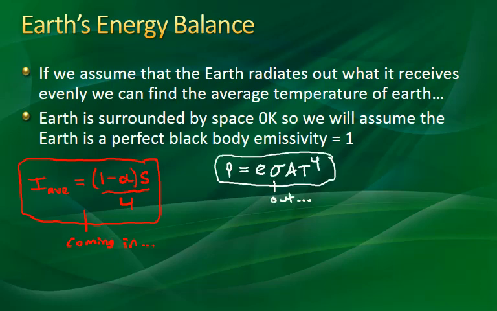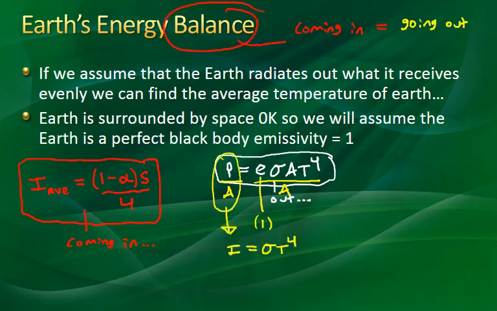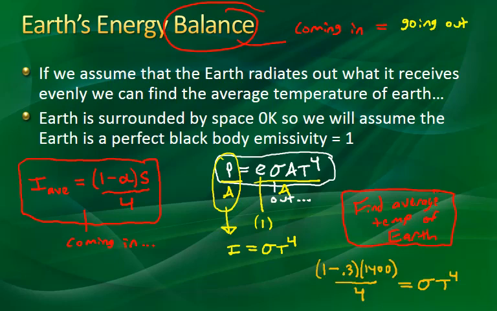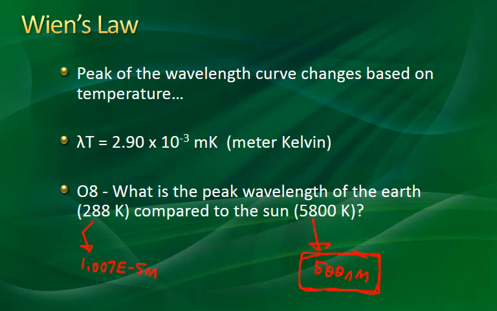If we divide what's coming in and what's going out by area to get this value, what's coming in should equal what's coming out. If these are equal, we can find the average temperature of the Earth. We subtract those out, and we get an average of about negative 17. Okay.